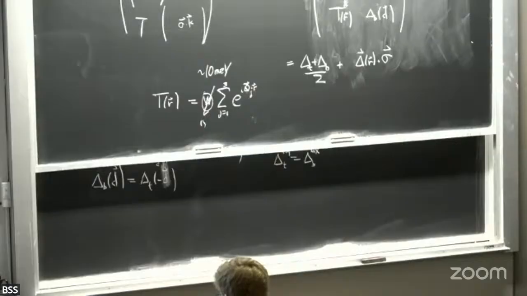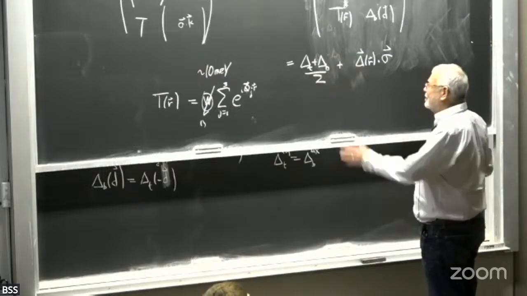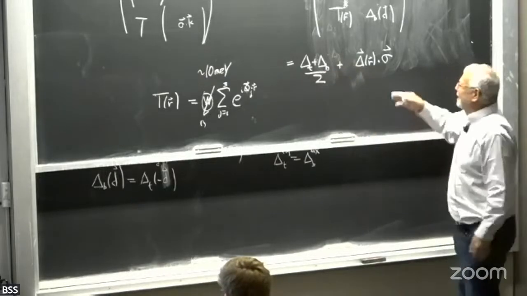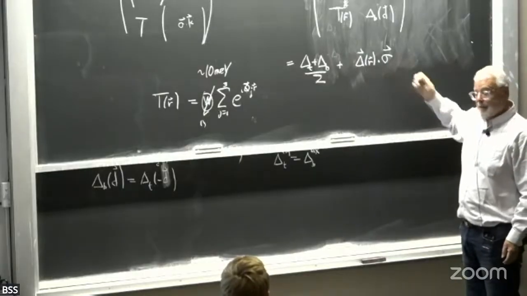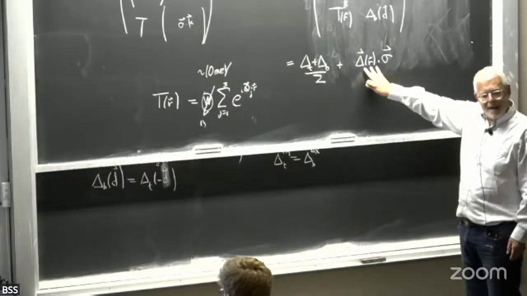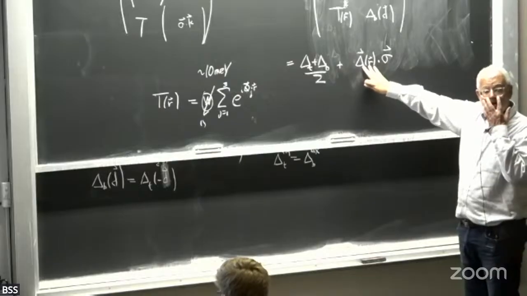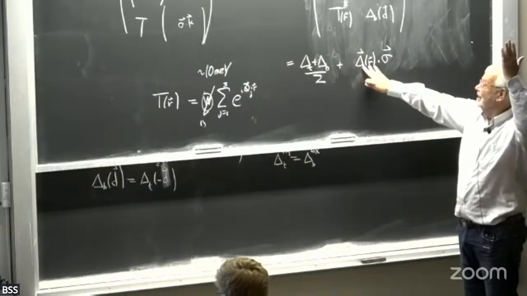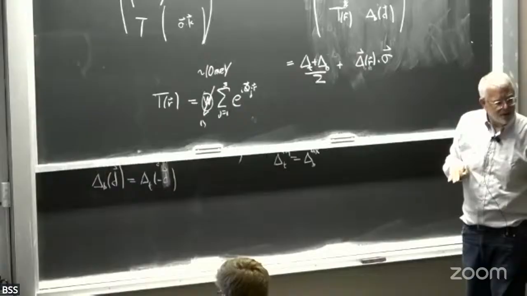I can think of this system as having some potential, average of top and bottom, that can vary in space, but there's an effective magnetic field that acts on the layer pseudospin. At the XM and MX positions, this effective magnetic field, since there's no tunneling, is purely towards the North Pole, if I choose this layer representation, or purely towards the South Pole.